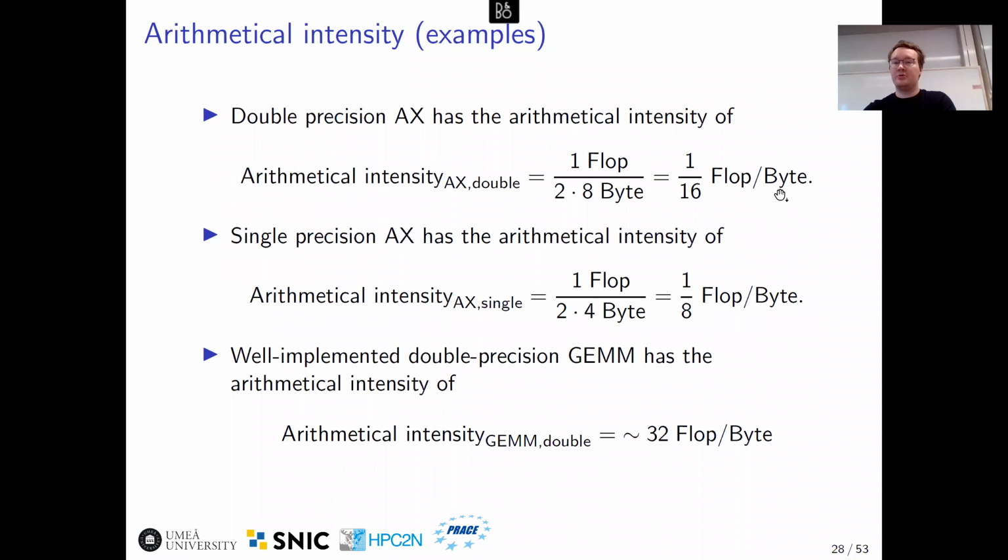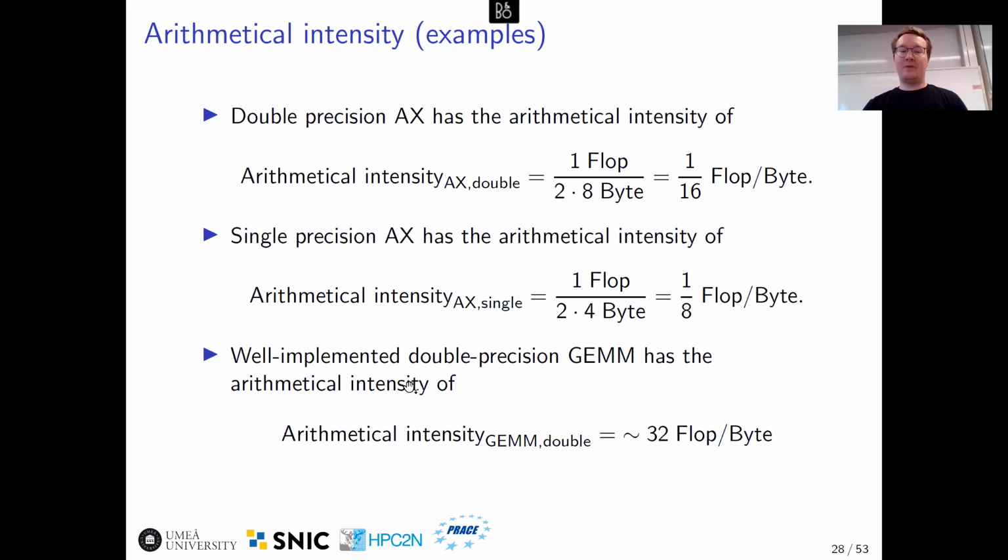And if we compute this arithmetic intensity for the two codes we just talked about, with double precision we have one flop for each element in the vector, and then we move two double precision numbers. So the arithmetic intensity is going to be 1/16 flops per byte. If we move to single precision, then of course we are moving half as much data, so the arithmetic intensity is going to be 1/8 flops per byte.